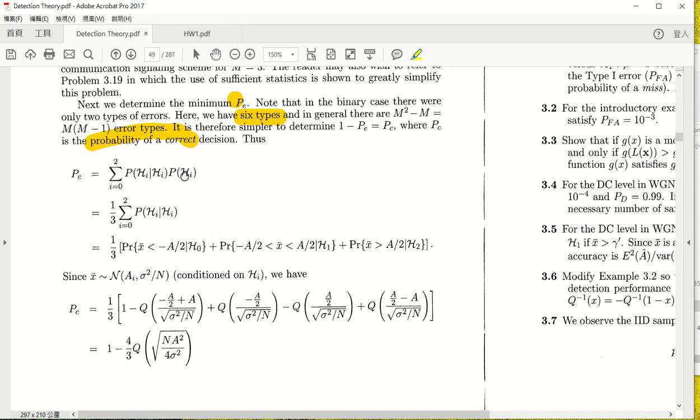But equal prior is not always the case. As I mentioned, in communication systems it is mostly correct, but in other cases it may not be.